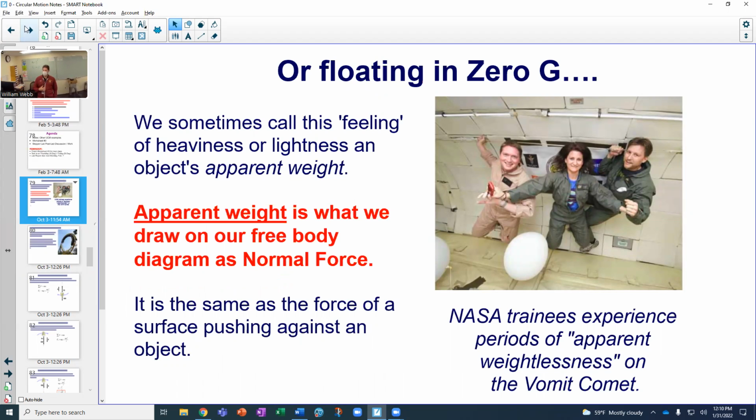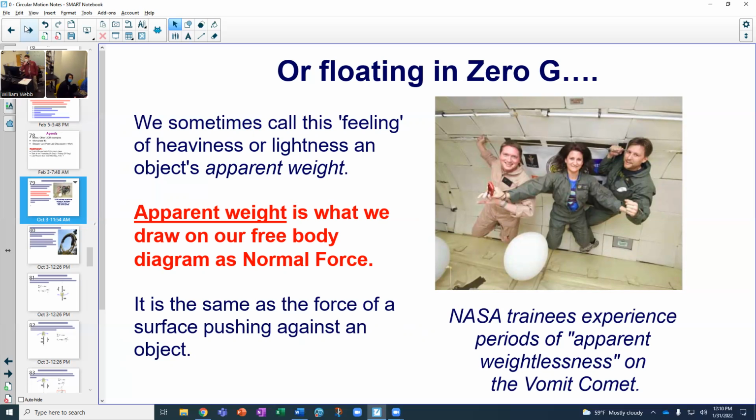So we can sometimes call this feeling of heaviness or lightness, like when you're going over a hill in a car or through a loop on a roller coaster, apparent weight. But really it is the normal force. It's what we would draw in our free body diagram as the normal force. It's the same as the force of the surface pushing on an object.